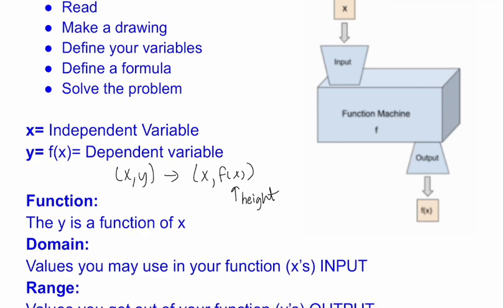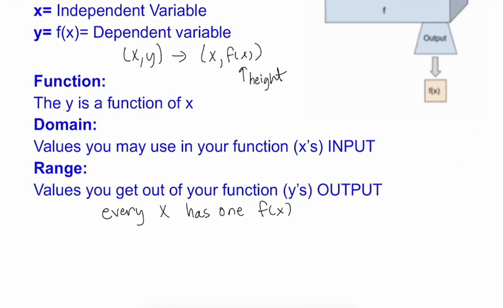The domain are the inputs. What can you put in that machine? What do you put into the oven? That's your input. Output: if the oven does its thing, what do you get out? So remember, domain are the input values, our x's, range is going to be our y's.